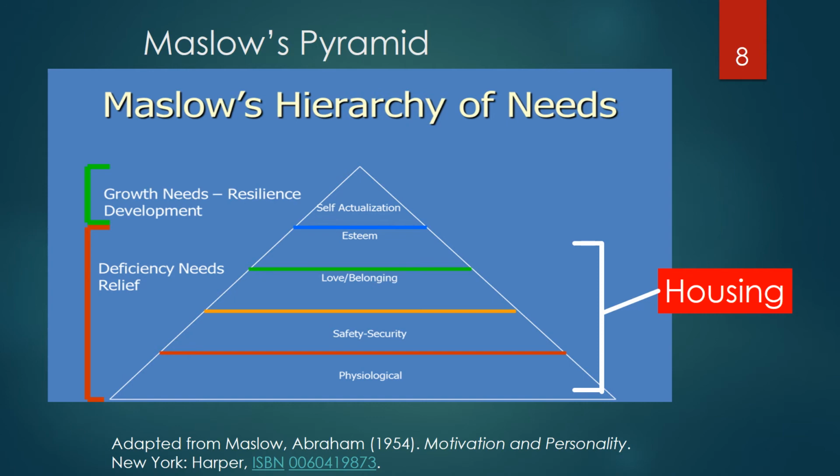Housing is a basic need and related to all the lower levels or strata of the pyramid and includes esteem, belonging, safety and security, physiologic needs, including physical structural needs of having a place to stay. People in North Dakota, the United States, and around the world need good housing.